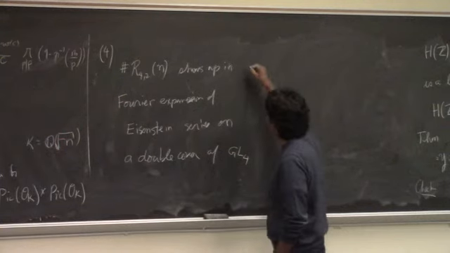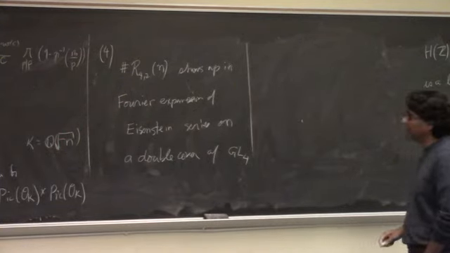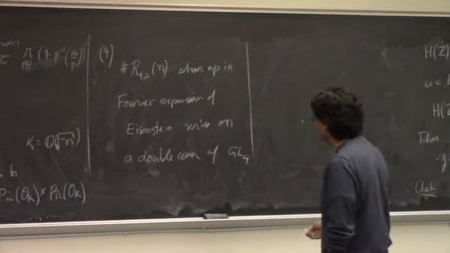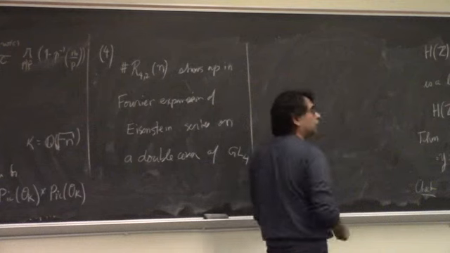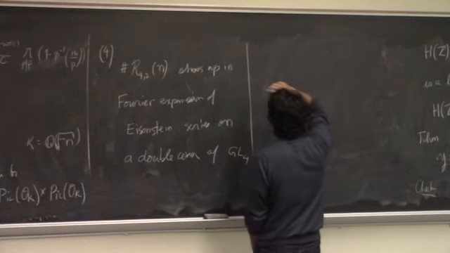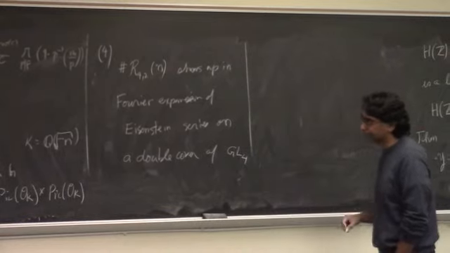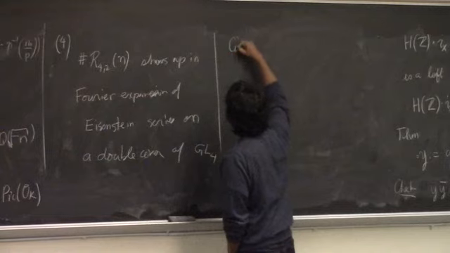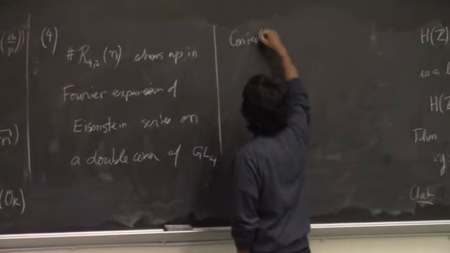And the reason I want to write that down is, from my point of view, this explains this formula, because there's a general framework of conjectures.